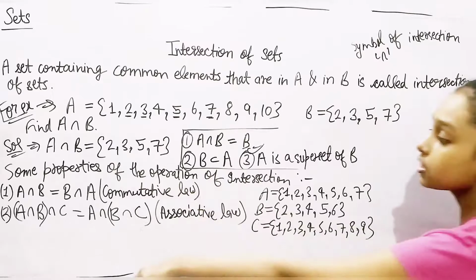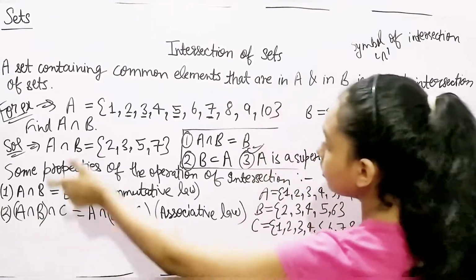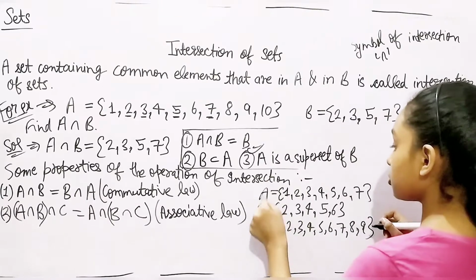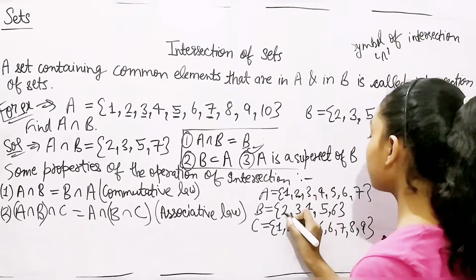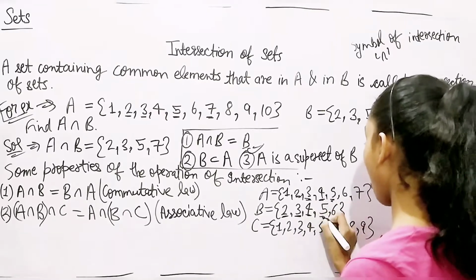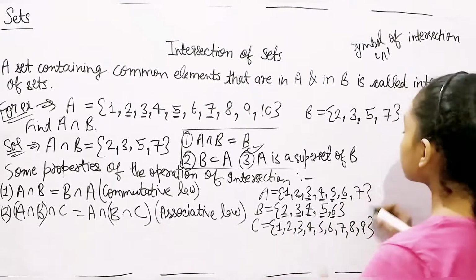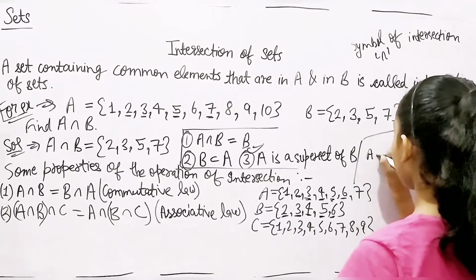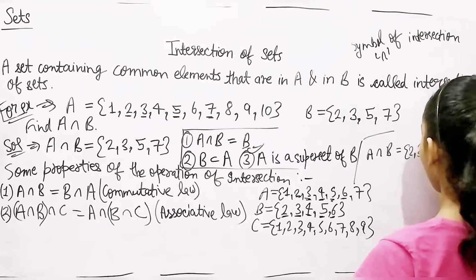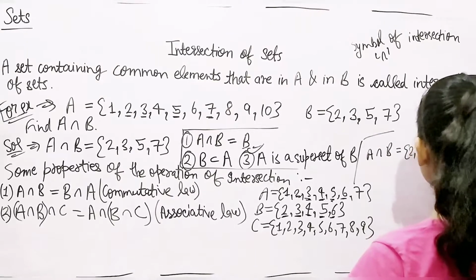So what do we have to do? In the first case, we take A intersection B, and then the intersection with C. First of all, we find the common ones. We can see all of them are in it, so A intersection B is equal to 2, 3, 4, 5, and 6.